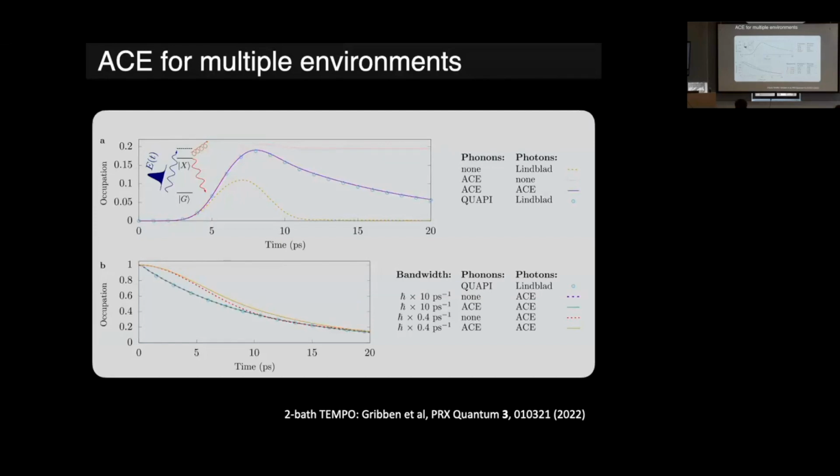What you do see, and here's where you see the spontaneous emission, the radiative recombination of the excitation. Whether you model that using a Lindblad operator, which you just add in operationally or phenomenologically, or whether you actually, in this case, Nancy, where it's ACE and ACE, treat the electromagnetic environments as a bunch of harmonic oscillators. The second environment couples via sigma X, not via sigma Z, to the two-level system. We can do that.